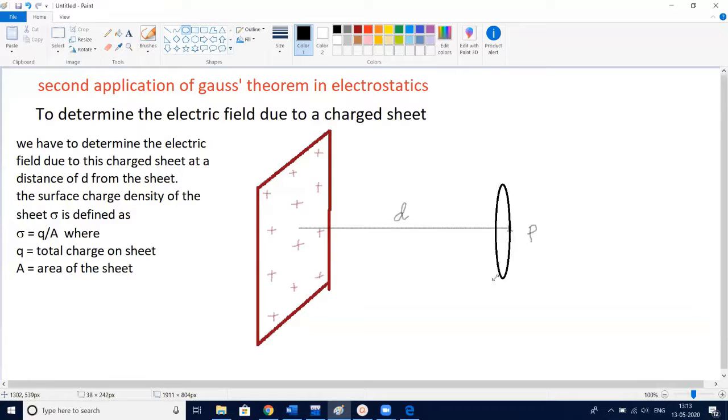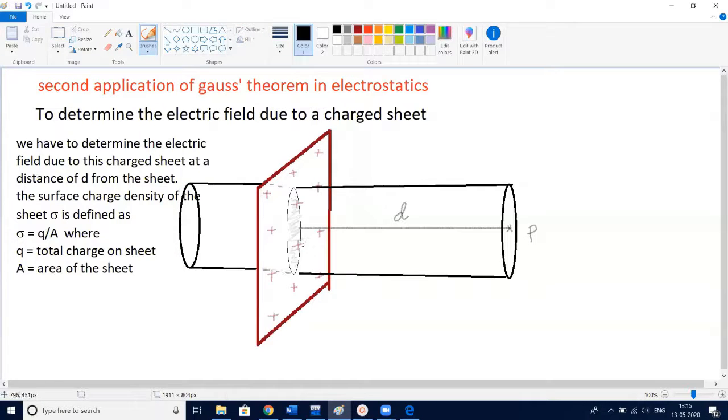So, suppose we select a Gaussian surface in the form of a box, pillbox or a cylinder, like this. So this part of the sheet is inside the box.